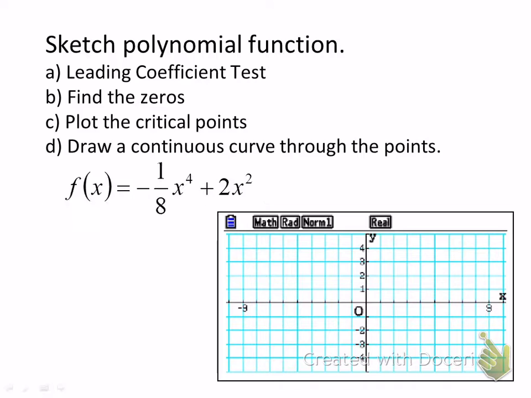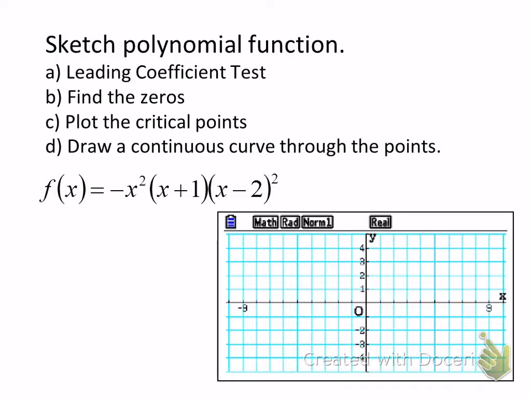The leading term should be a negative, sorry. The leading term should be x to the 5th, negative x to the 5th. So I know that it rises to the left and falls to the right.